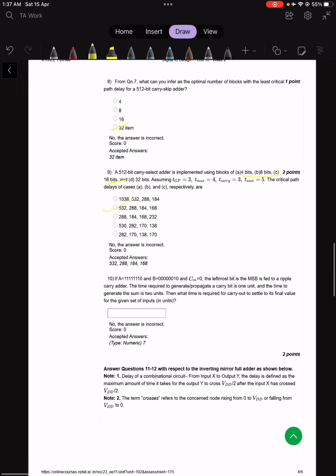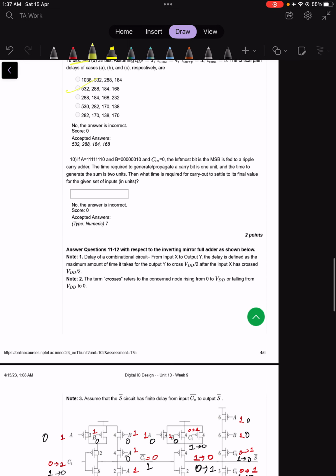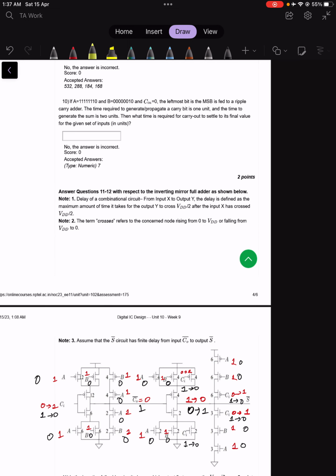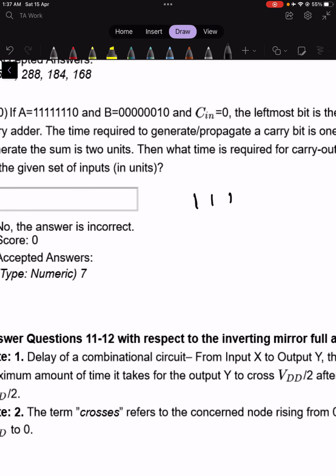Finally, question number 10. It's asking you about adding these two numbers.